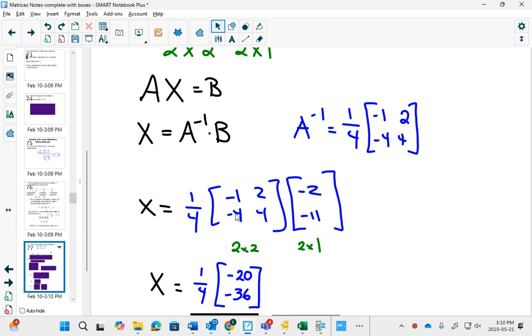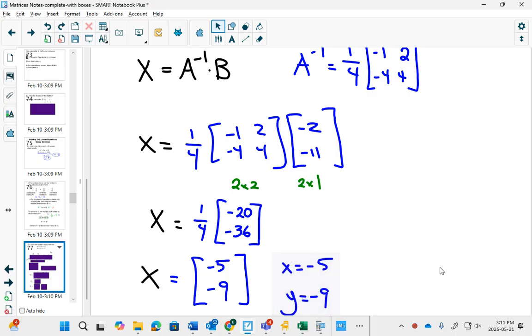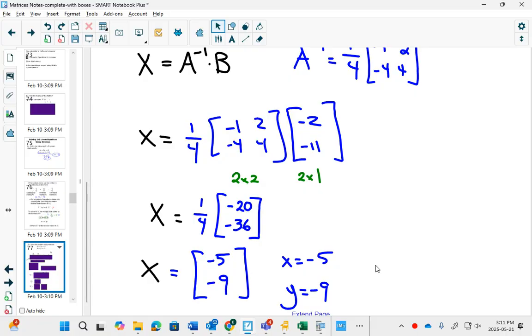For row 2, column 1, take row 2, turn it sideways, crash it in, add up the pieces, you get -36. Now if you put that 1/4 in, you get -5 and -9. That tells us our x value is -5. Our y value is -9.